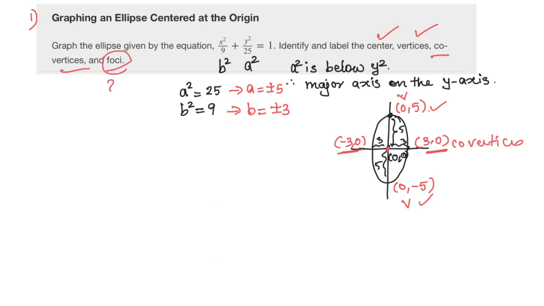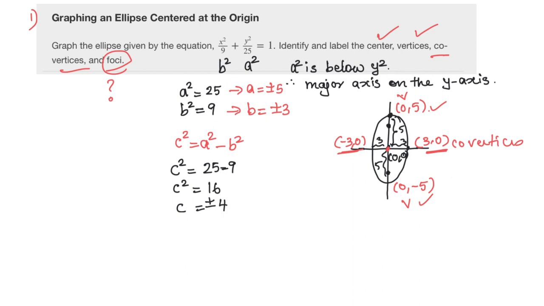And we need to find the foci. So from this, I don't know the foci, but I can use the relation which I learned, c square equal a square minus b square. So c square equal 16, that means c equal plus or minus 4. Since the foci is on the major axis, I need to measure 4 units from the center.